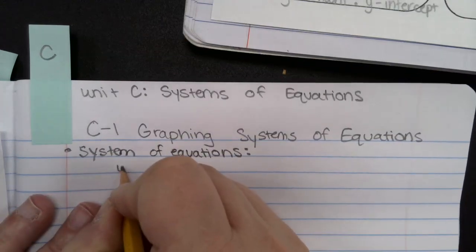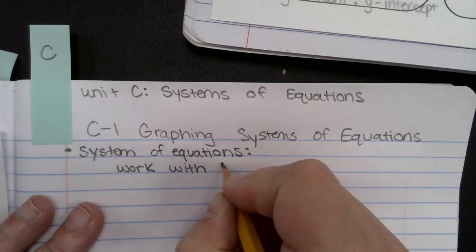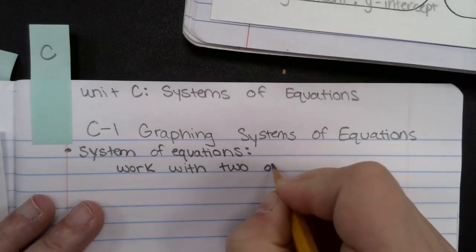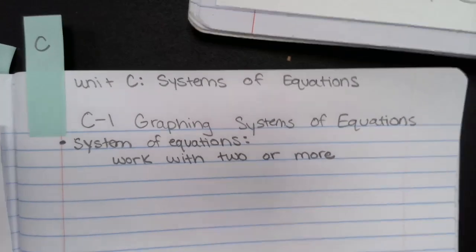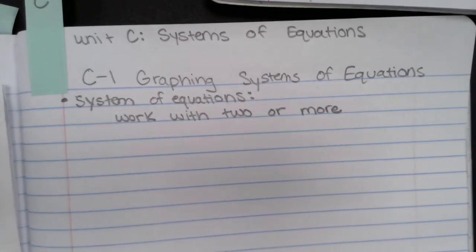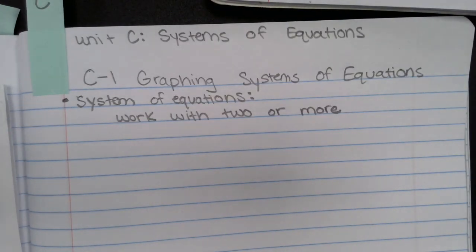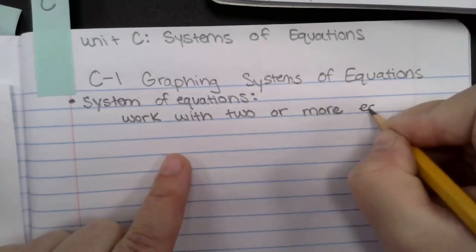So a system of equations means that we are going to work with 2 or more equations at the same time.